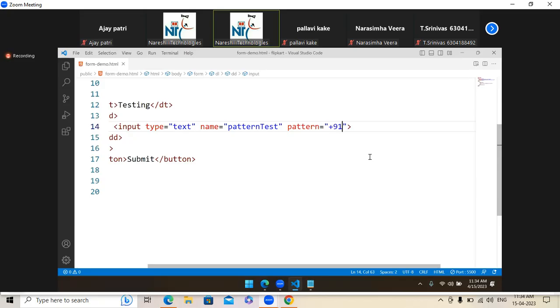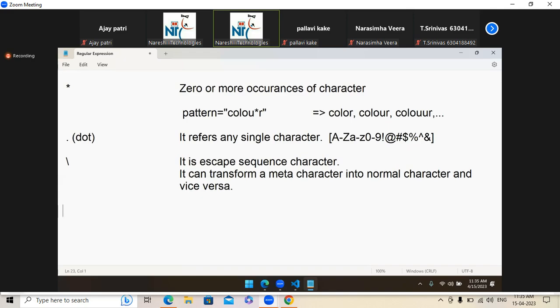Plus indicates one or more occurrences. But I want to use plus as a symbol, not as a meta character, because I need to start my mobile number with +91. Then we have to write /plus. That's how we write. Otherwise, it will not verify. It will consider this as a meta character. So that is the reason you need a slash for that.